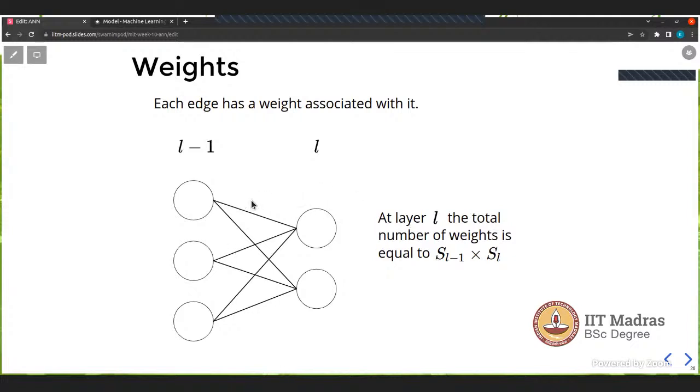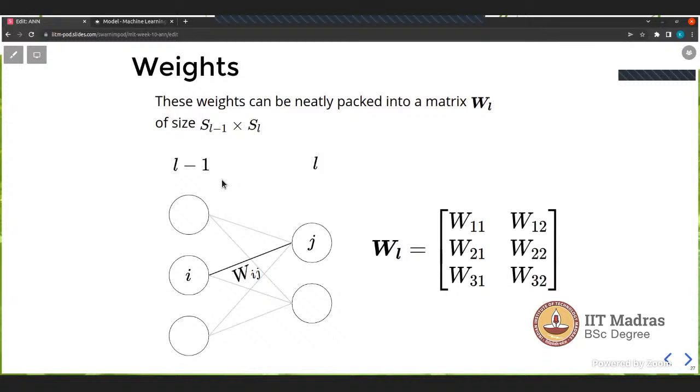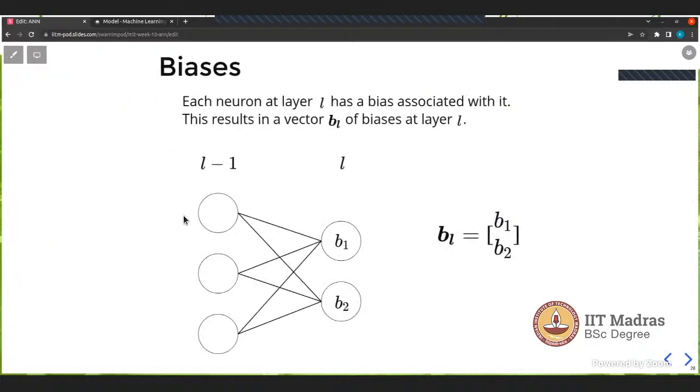Even though you could treat it as a 2 by 3 matrix, the convention that we are following is S(L-1) cross S(L). In that sense, what will Wij represent? It will represent the weight from neuron i in the previous layer to neuron j in the next layer. Okay, so that is what the weight matrix is.